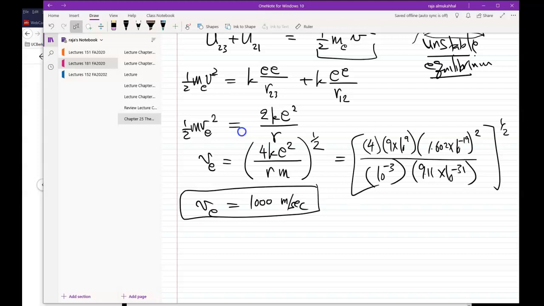The answer I got is 1007. Definitely okay. All right, there we go. So I think the answer is fine. My answer is 1007 meters per second, which matches the answer from the book. Okay, and there we go.